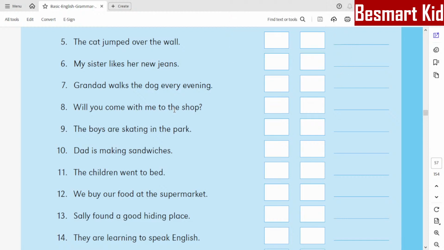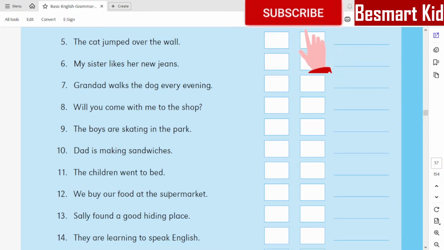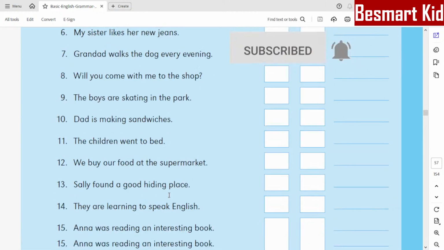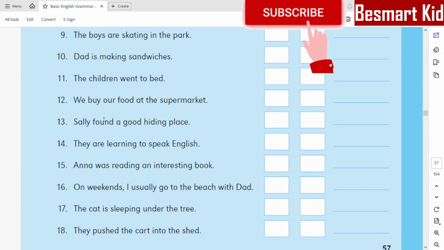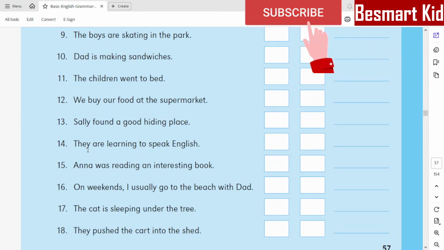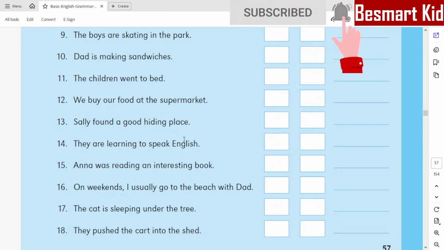The boys are skating in the park. Dad is making sandwiches. Their children went to bed. We buy our food at the supermarket. Sally found a good hiding place. They are learning to speak English.